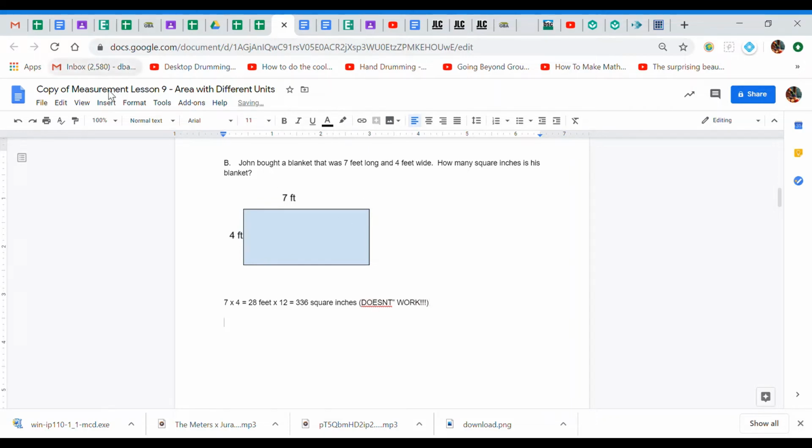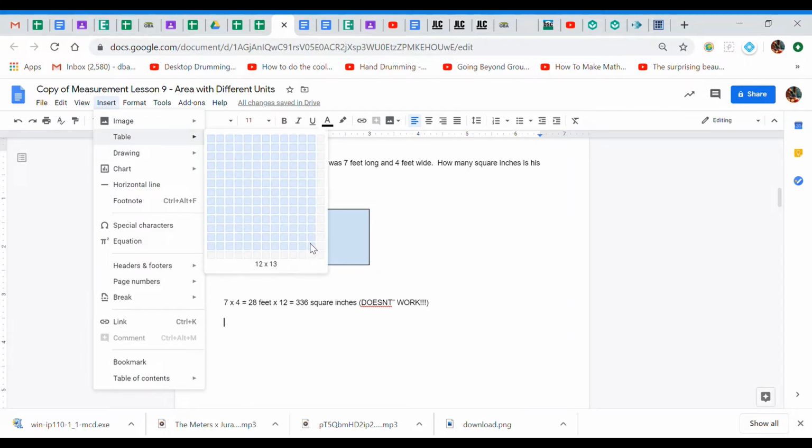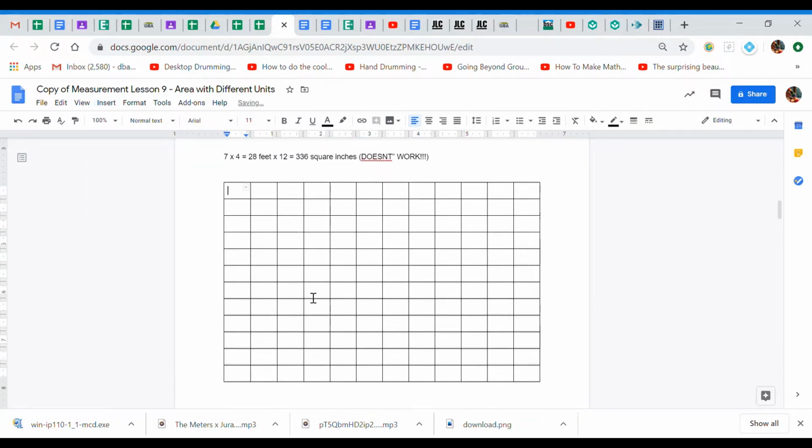If I insert a square foot, I'm going to make a table. It's going to be 12 inches by 12 inches. This is 1 foot, 12 inches across on the top, and 1 foot this way, 12 inches down there. How many square inches are in 1 square foot?